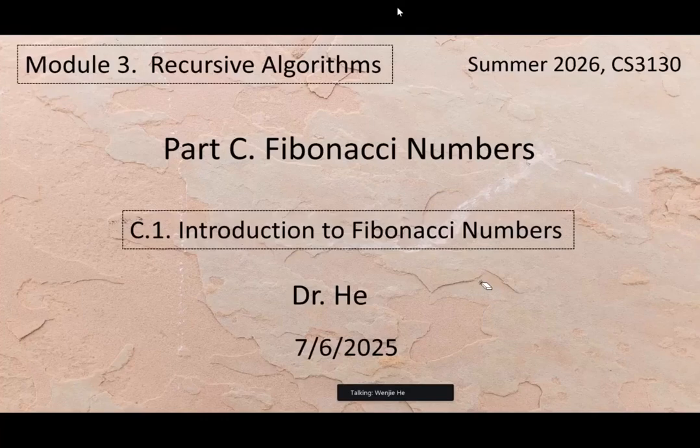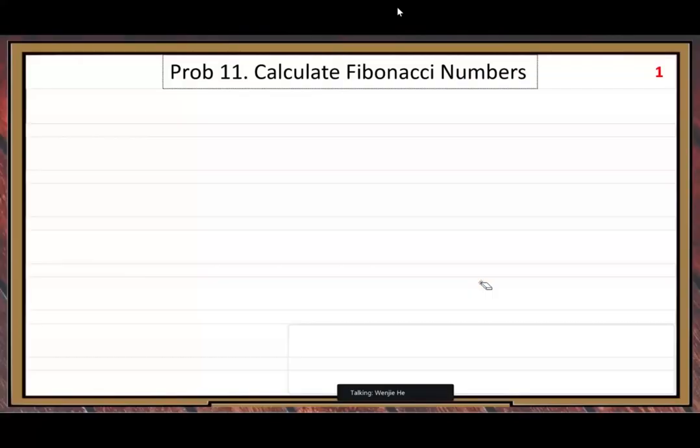C.1, Introduction to Fibonacci Numbers. In this part, we will learn some more useful knowledge related to recursion. Problem number 11, calculate Fibonacci numbers. Let's look at the recursion formula for Fibonacci numbers.